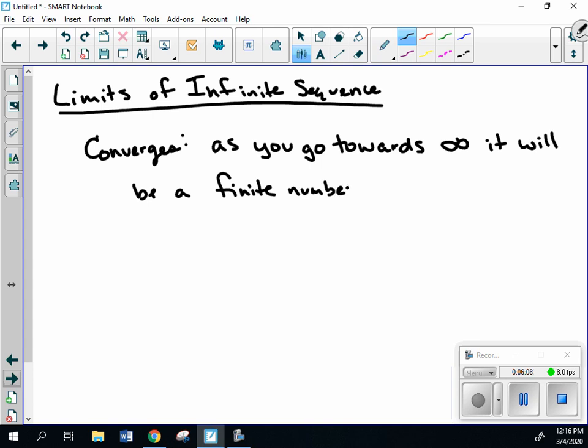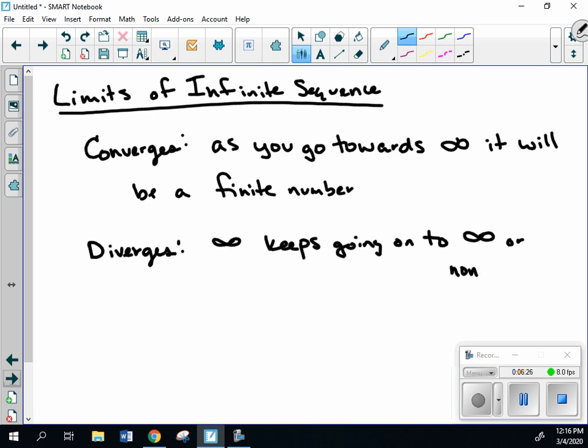Finite meaning ending. It diverges as you go towards infinity. It keeps going on forever. So it'll either go to infinity or be non-existent.